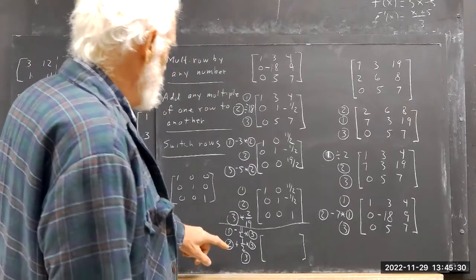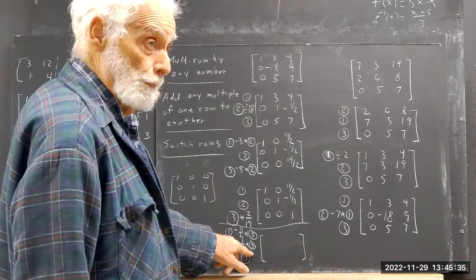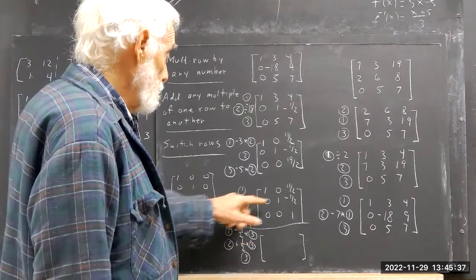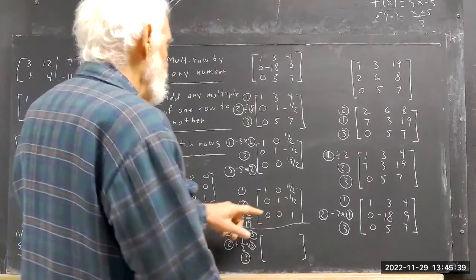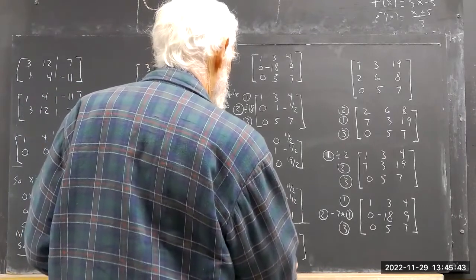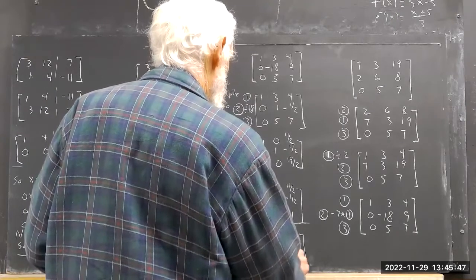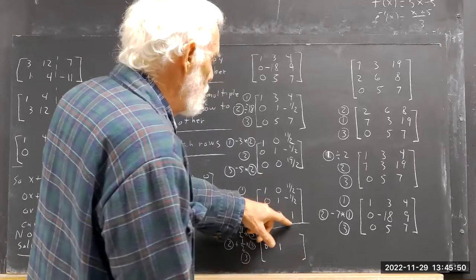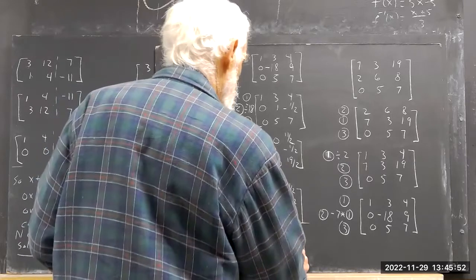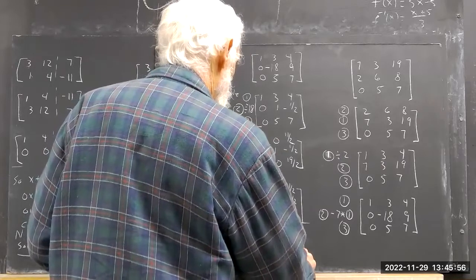But all I'm doing to row 2 is row 2 plus 1/2 of row 3. So here's row 2, here's row 3. I've got zeros here, so I'm going to have a 0 and a 1. And when I add 1/2 of this to this, I get 0. Of course, I've got my third row, which isn't going to change.